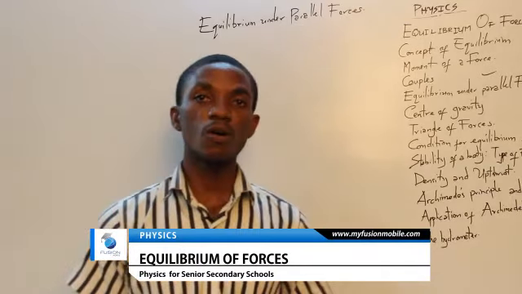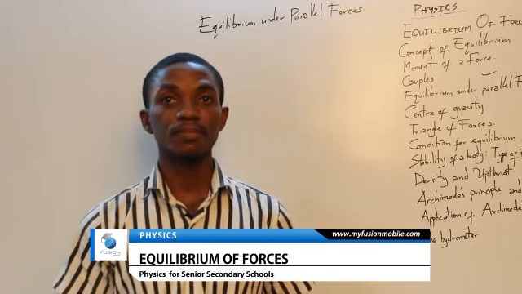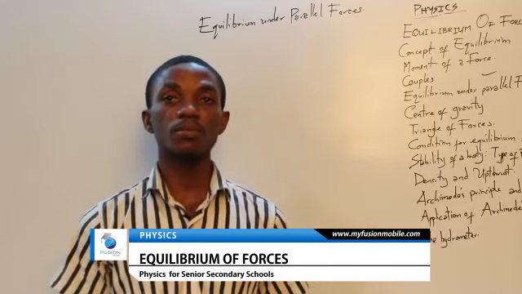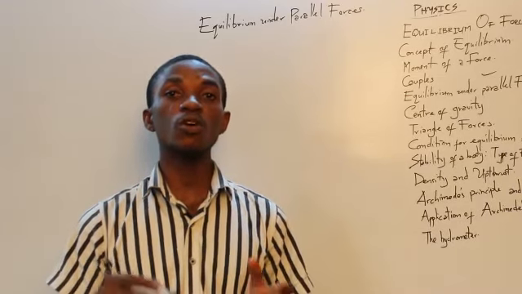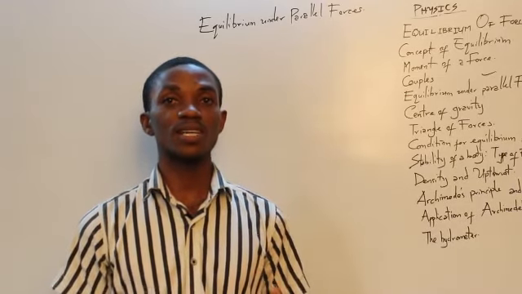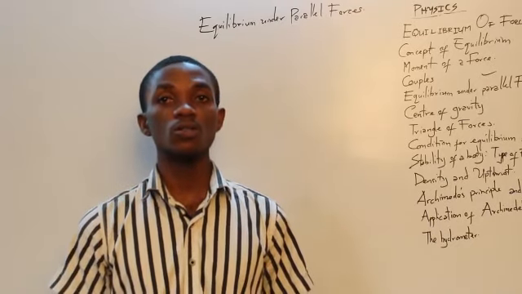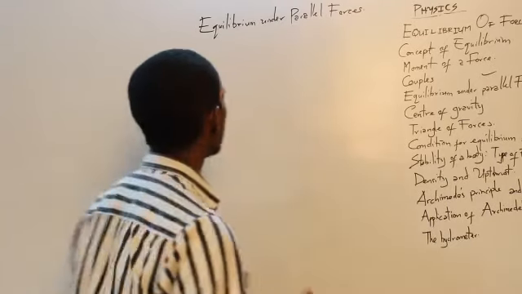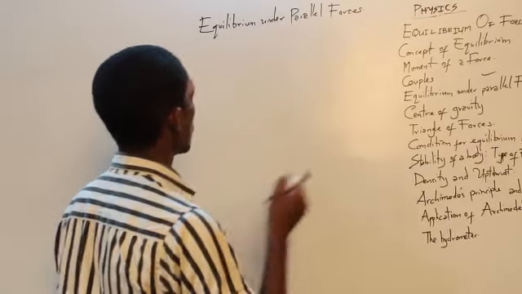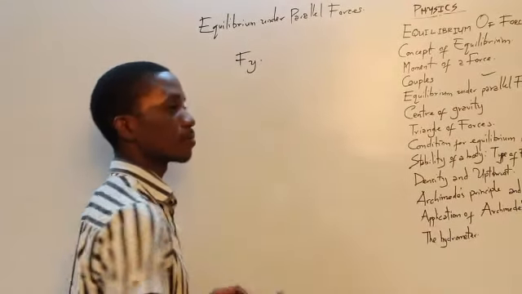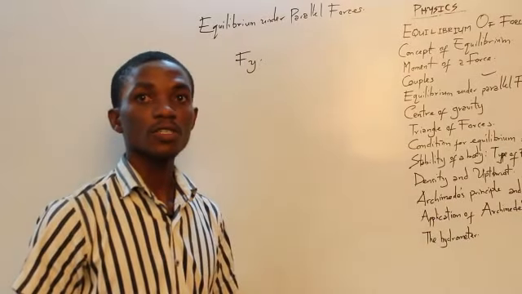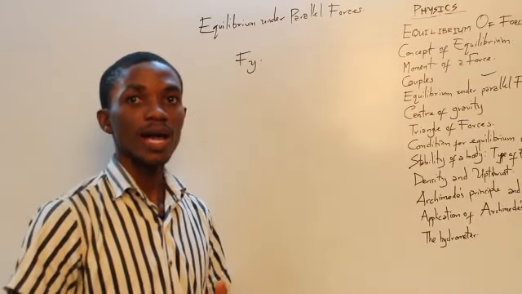for equilibrium to occur in any system of forces, the summation of all the forces acting on that particular system must be equal to 0. So, in terms of parallel forces, it means maybe all our forces are along the y-axis.